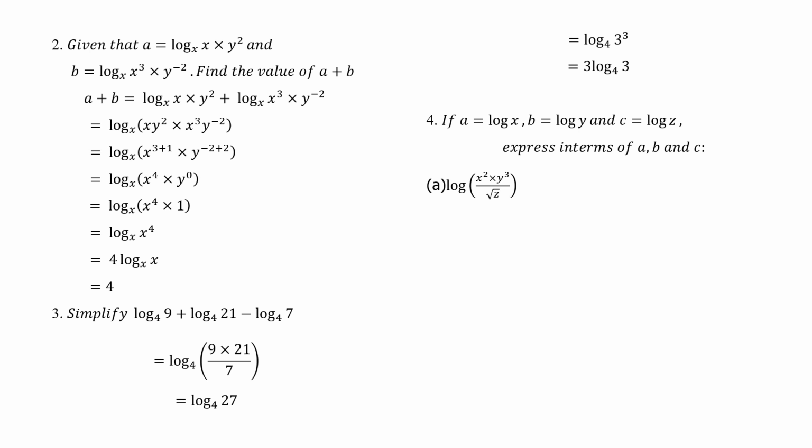Now here, where you don't see a base, in O level they used to tell us to take the base as base 10. Even here we are going to maintain that. Where you don't see any base given, we take that logarithm to have a base of 10.